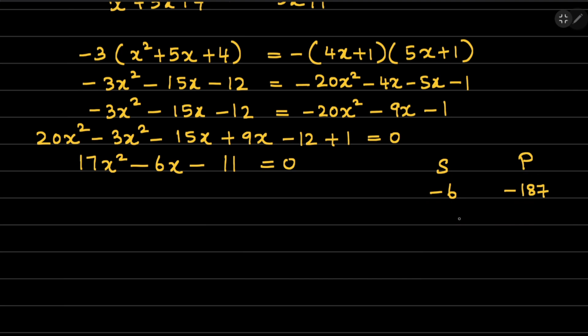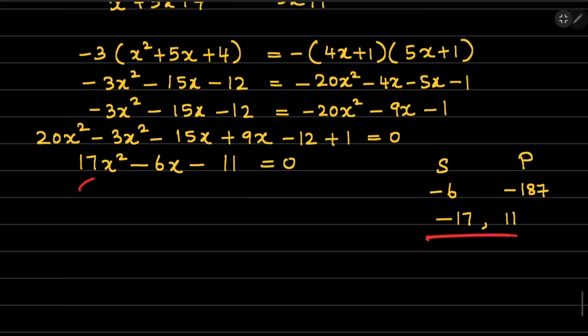So what do you see here? 17 and 11 is what we multiplied, right? In order to get the product, what is product? A into C. But if you put a negative sign to minus 17, obviously this is also minus 6, right? It's the same two numbers which we can use for middle term splitting as well.